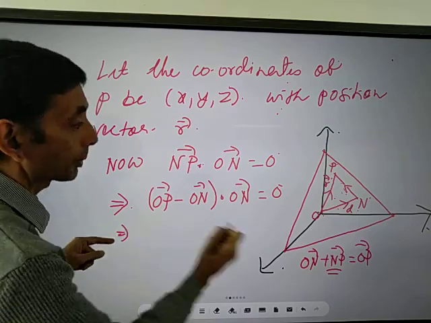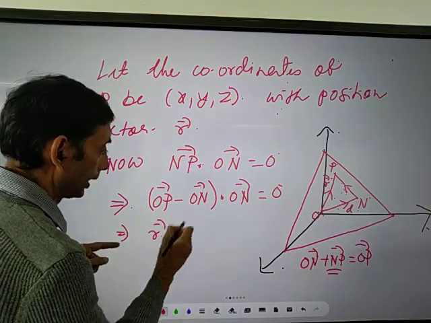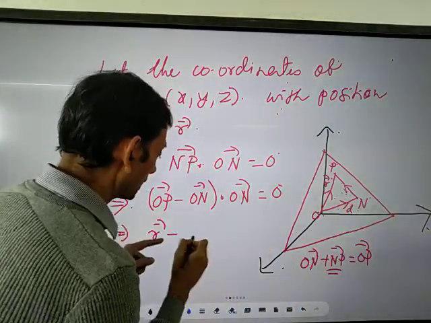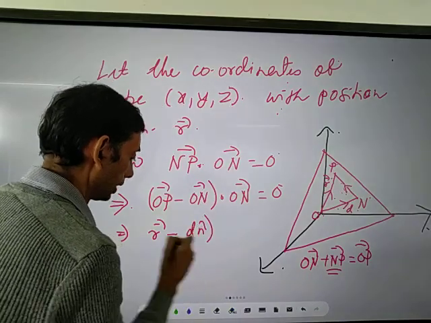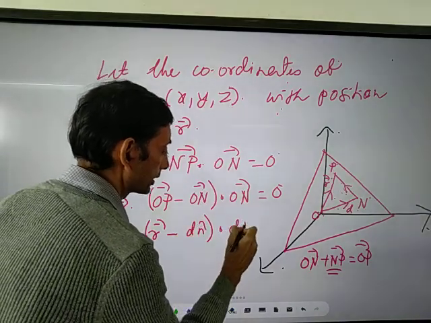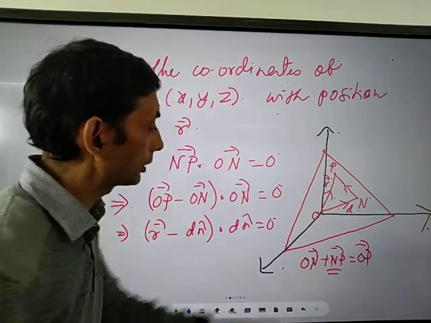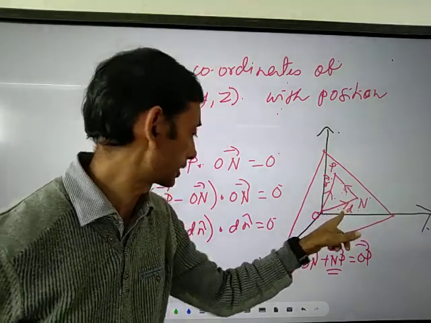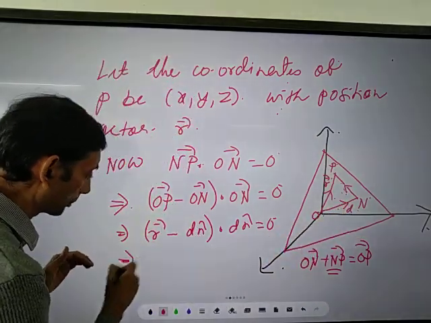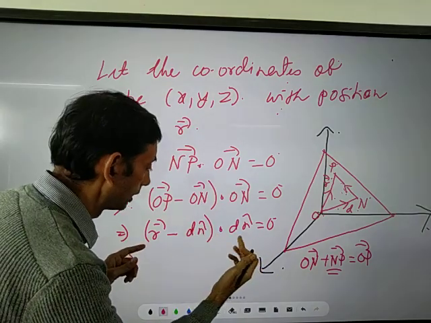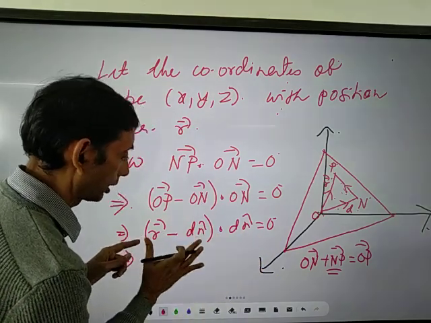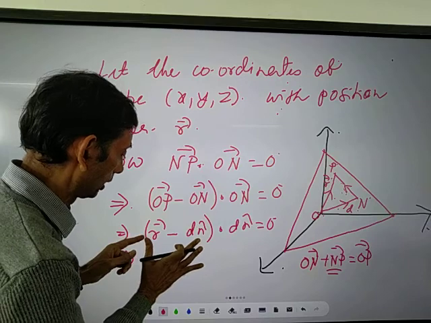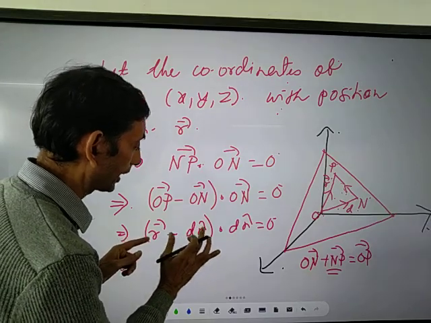Now, what is OP? OP is vector R, and ON can be written in terms of D: this is D n cap, dot D n cap, equal to 0. And we know that D is not equal to 0, so you can actually remove D from there.